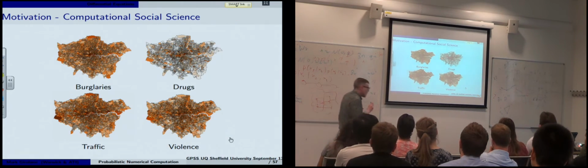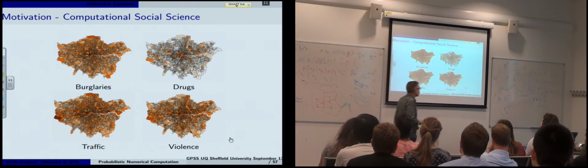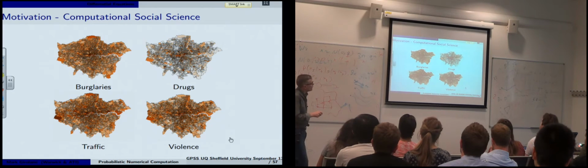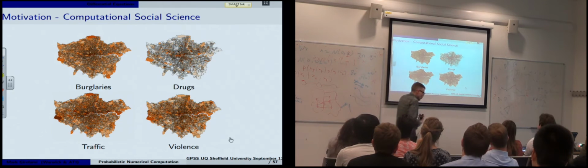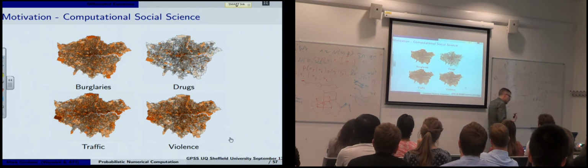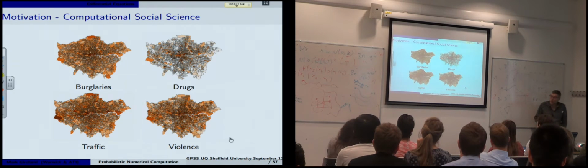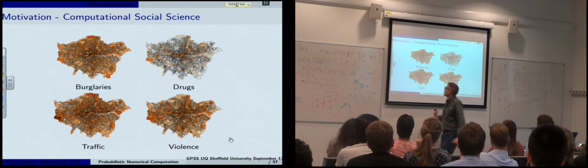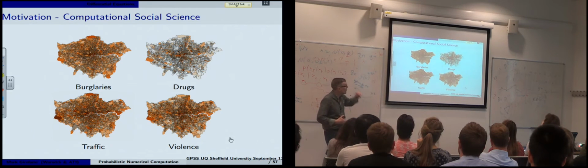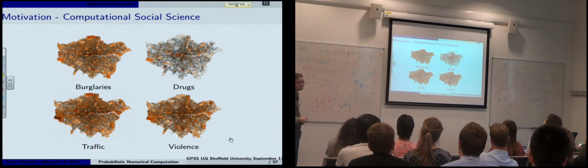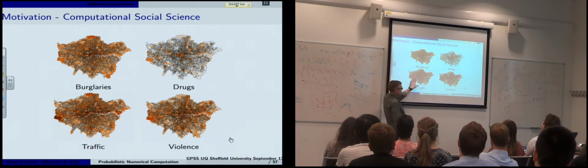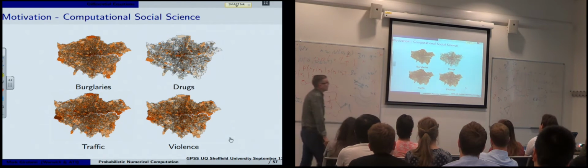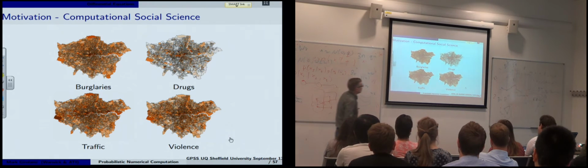And what else? Another area which is really only just starting to emerge, but it's very exciting, is this whole area of computational social science, where now we can get a lot of data about the movement and infer the intent of people within whole populations. And here is a working example that my group is working on with the Metropolitan Police, which is the occurrence of certain types of crime in certain boroughs of the city at certain points in time throughout the day, throughout the week, months and year.